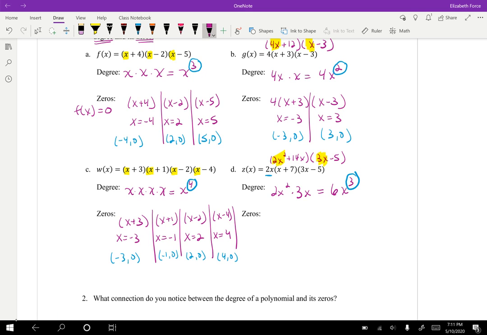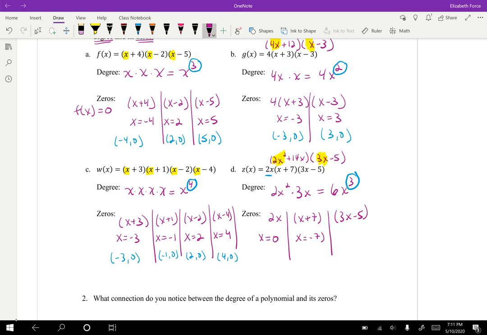And then my zeros are 2x. So I have to incorporate that because that has an actual x in it, right? x plus 7, and then 3x minus 5. So that first one is 2 times x, so 2 times what gives you 0? You got 0 for this one. What plus 7 gives you 0?